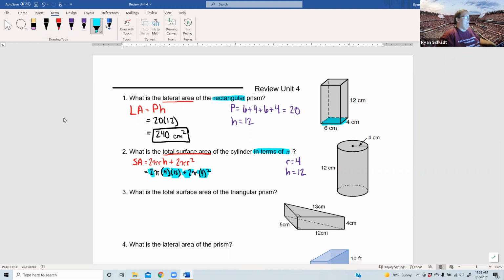I don't put the pi in there. If I do that, that'll give me 128, and then I'll put my pi afterwards. Centimeters squared. I guess up here I should be a little bit more formal. Okay, there we go. There's our total surface area.